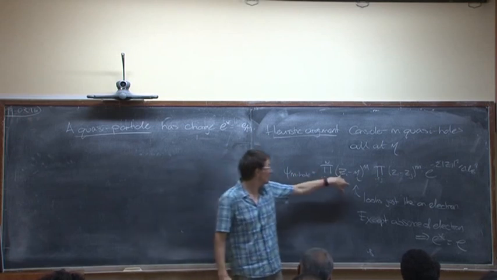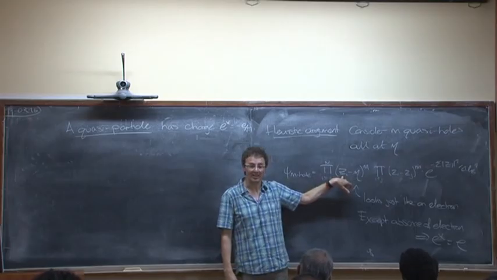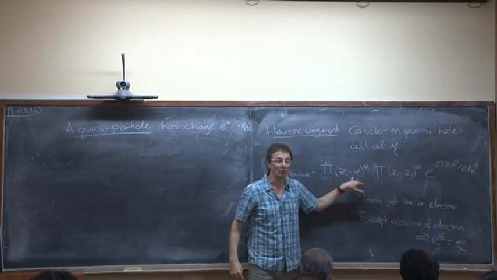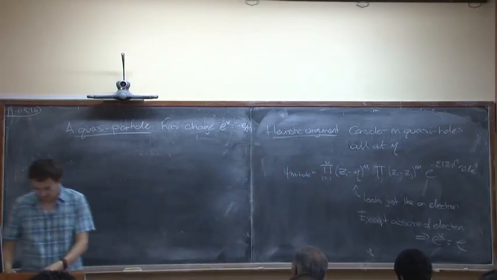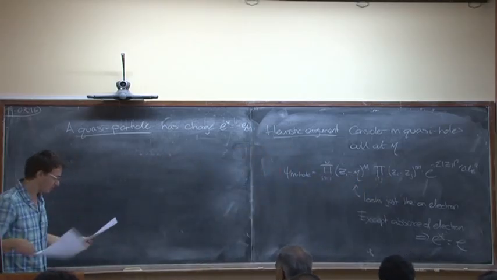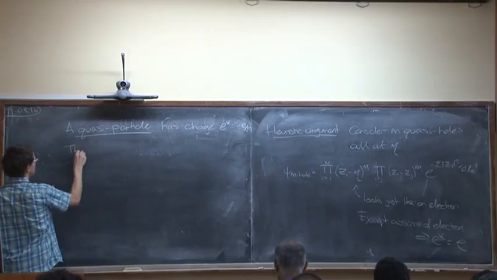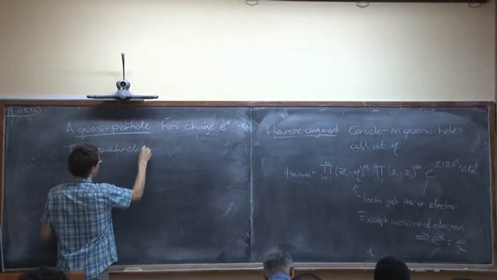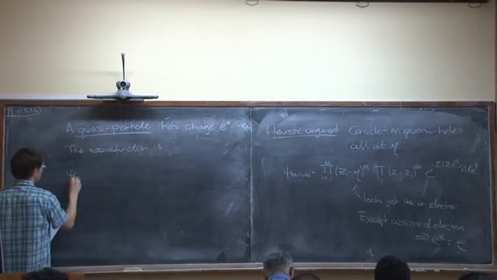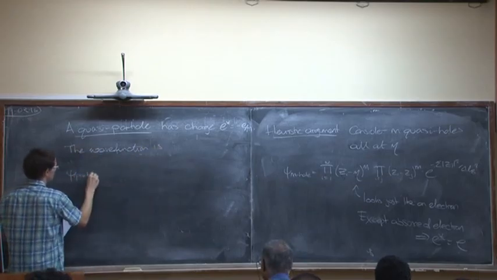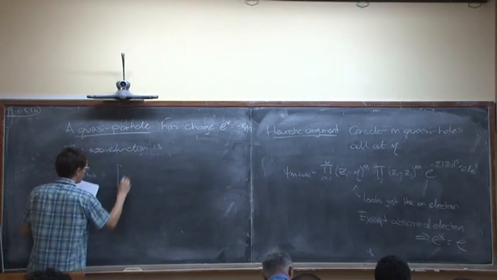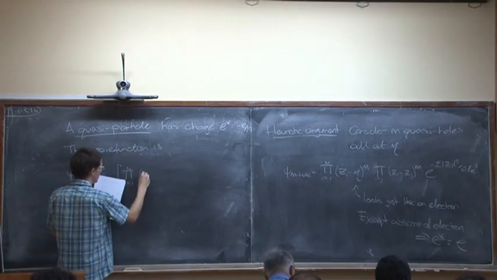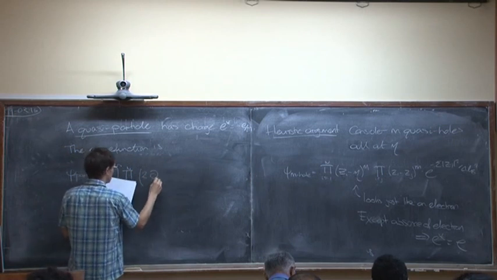The way you do it, it turns out, is you differentiate with respect to z. Okay, that's a way of knocking off a factor from this part of the wave function. So the wave function is the quasi-particle wave function, and the bit you differentiate is only the free factor, you don't differentiate the exponential.